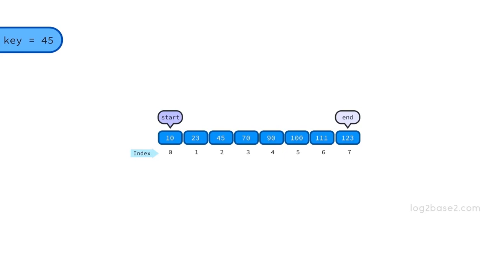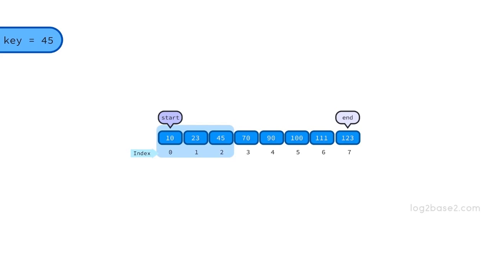We have 8 elements, so the fourth one is the middle one, which is 70. It is not the key, and now we have to check if our key is less than or greater than 70. Is 45 less than 70? Yes, so it could only be present in the left half. So search here only and ignore the second half.